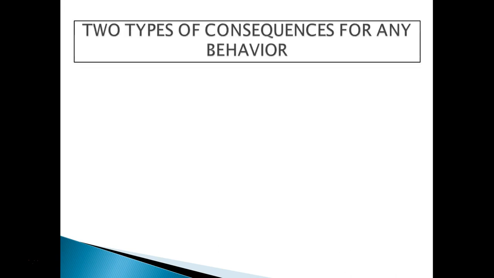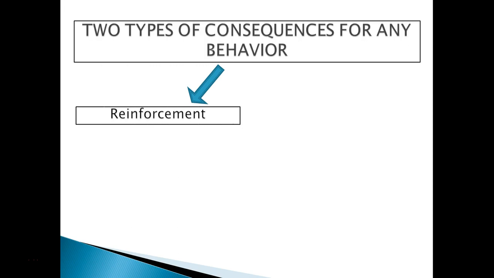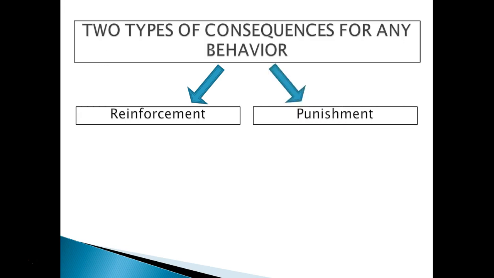According to Skinner, for any kind of behavior, there can be two types of consequences. The first is reinforcement, which is a consequence that makes the behavior more likely to occur again. The second is punishment, which is a consequence that makes the behavior less likely to occur again.